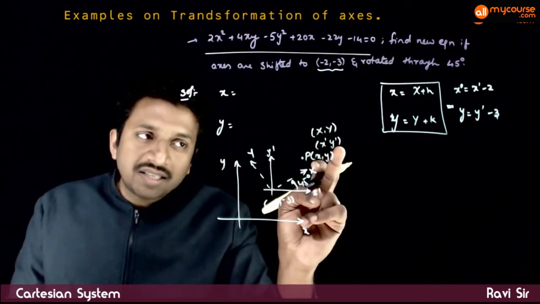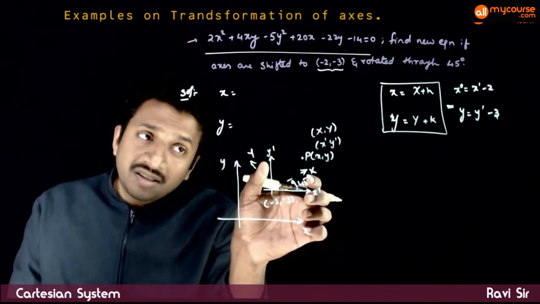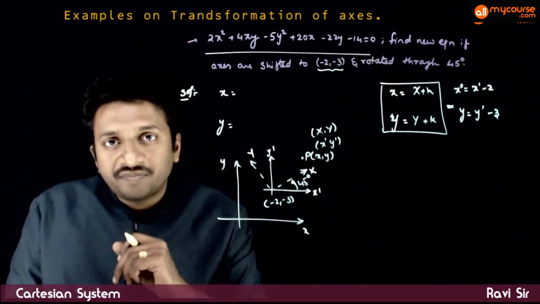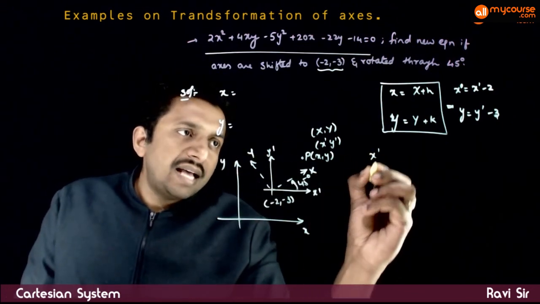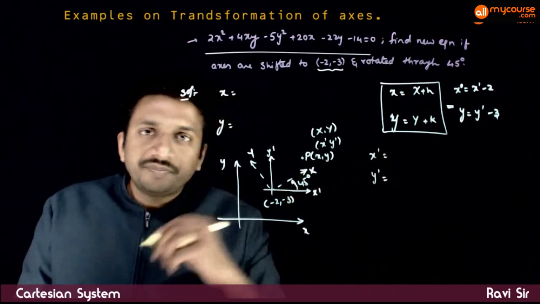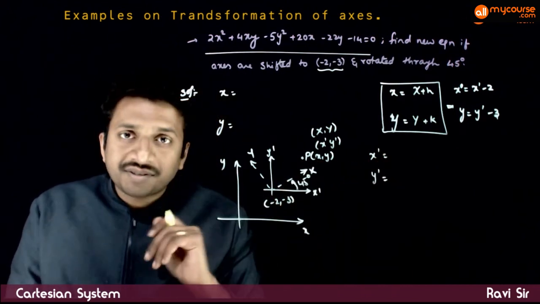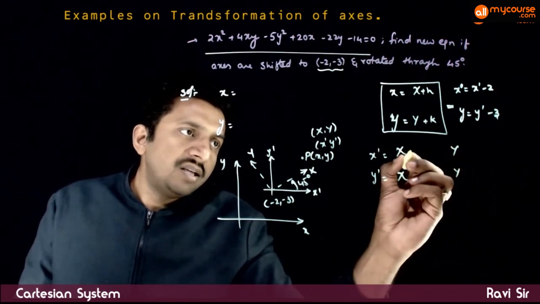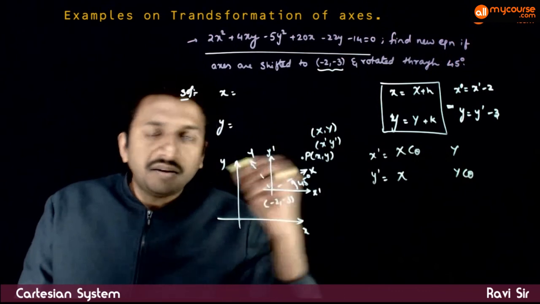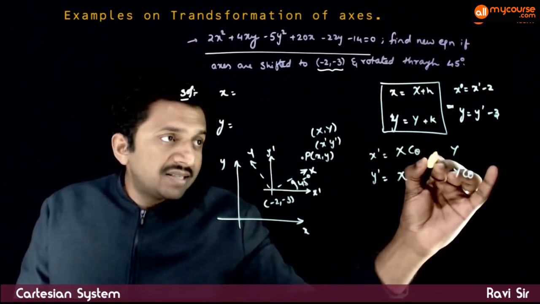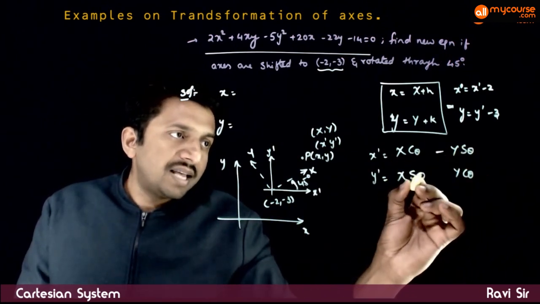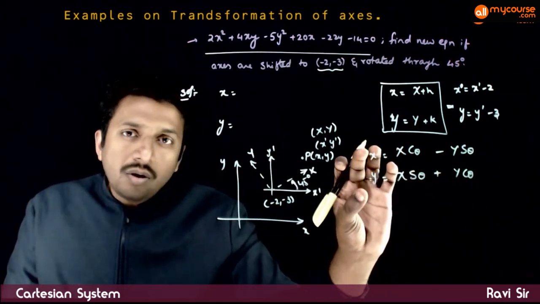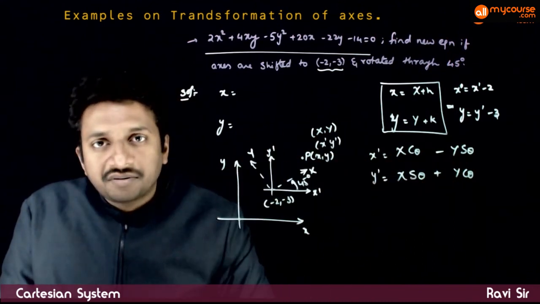Now x dash, y dash are coordinates with respect to these axes. Now you have rotated them through 45 degrees. So the old coordinates x dash, y dash are equal to the matrix with cos theta here, minus sine theta here and plus sine theta here, times capital X, capital Y. So these are the old coordinates in terms of new coordinates.